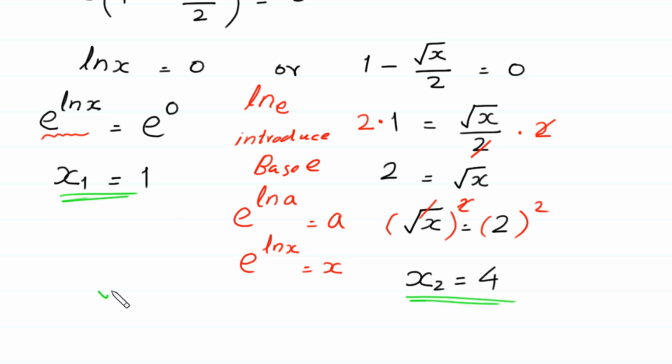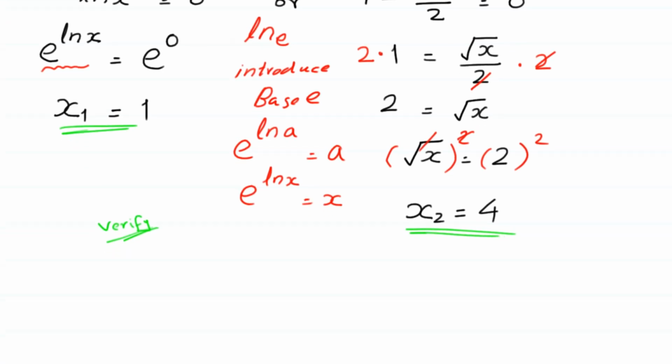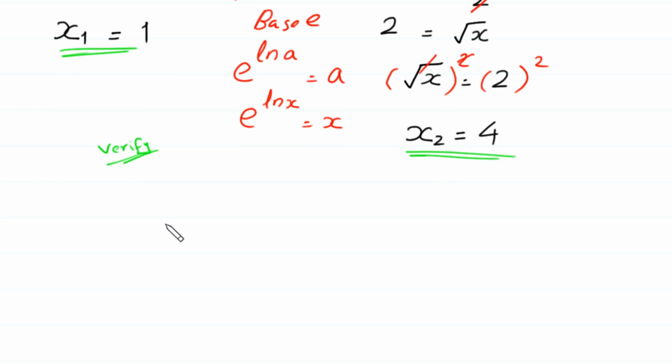Now let's verify these values of x by putting these values in the original equation. The original equation is x is equal to square root of x to the power square root of x.